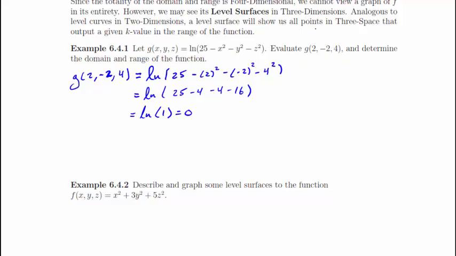Let's note now that the inside of the natural log, which is 25 minus x squared minus y squared minus z squared, has to be strictly greater than 0, since the natural log can only take in positive inputs. If we add x squared, y squared, and z squared to the other side, we get x squared plus y squared plus z squared is less than 25.